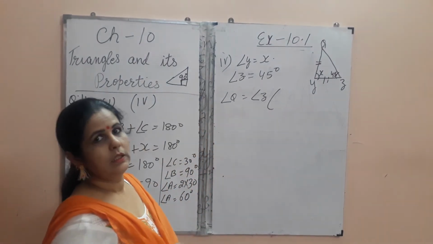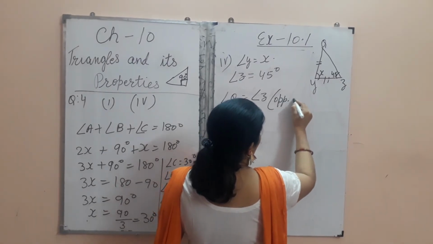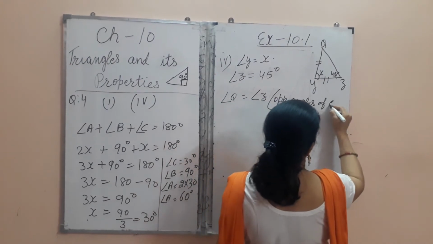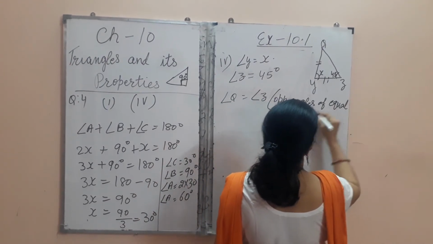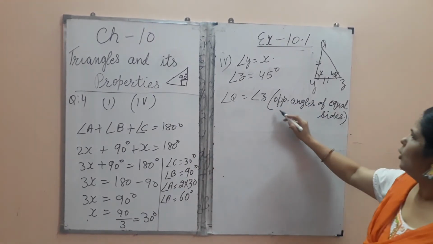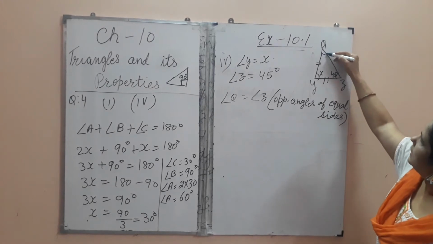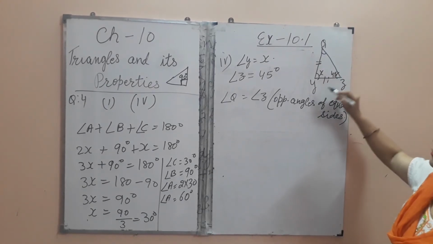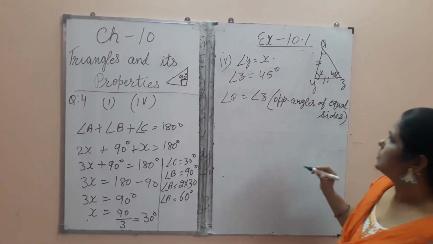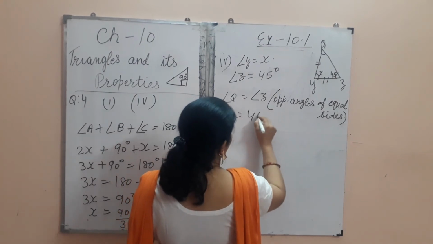We will write the property also: opposite angles of equal sides. What reason will we write? Opposite angles of equal sides. This angle and this angle are equal. Why? Because they are the opposite angles of equal sides. So angle Q equals to Z is 45, 45.